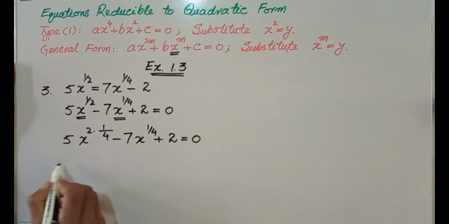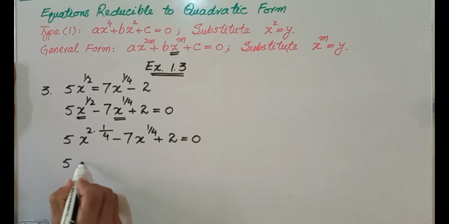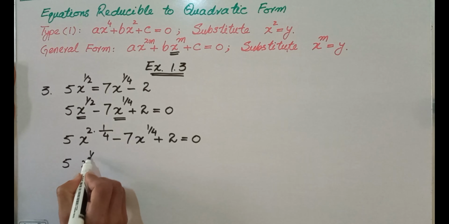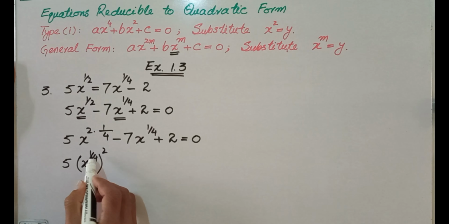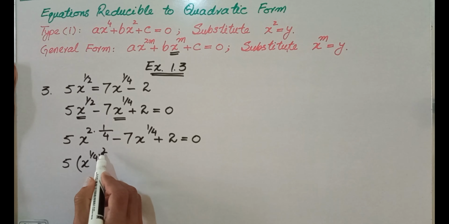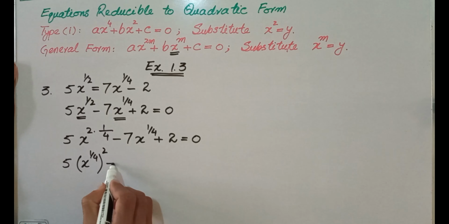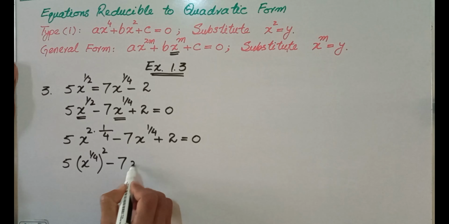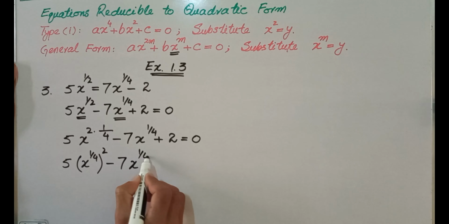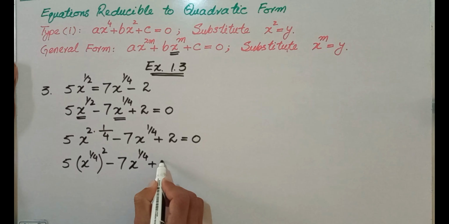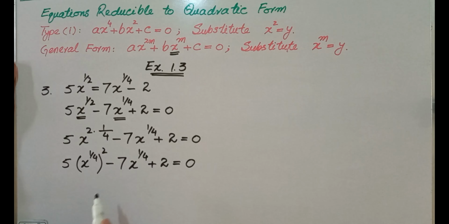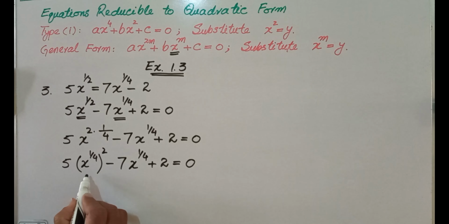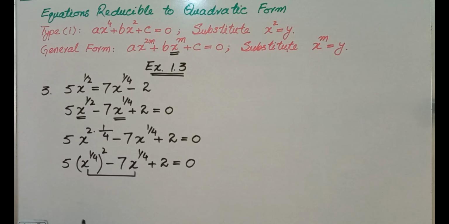This can be written as 5x power 1 over 4 whole square, again using the power rule, power is multiplied with the power, minus 7x power 1 over 4 plus 2 equals 0. Now these two are the same.